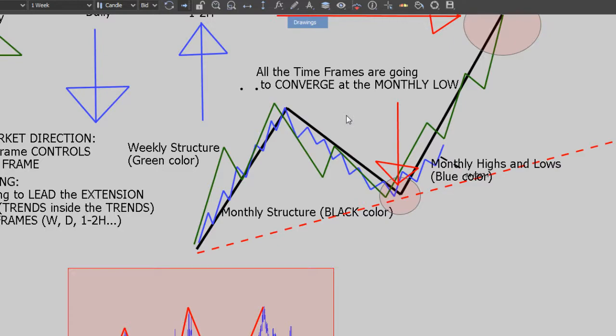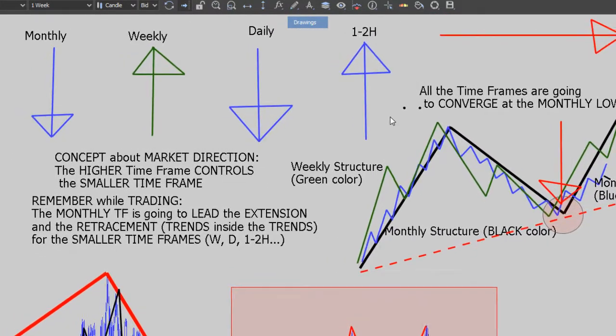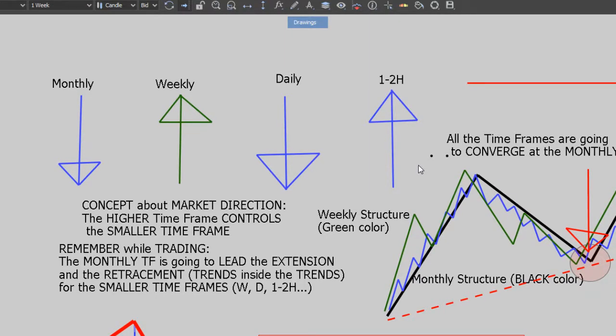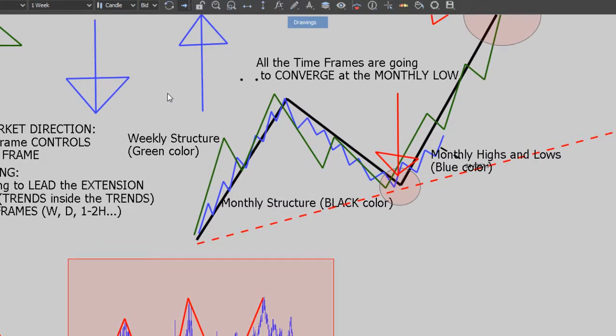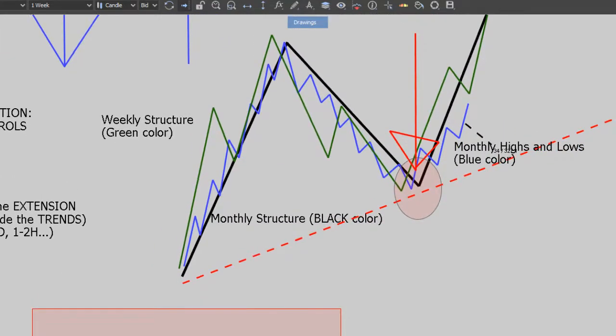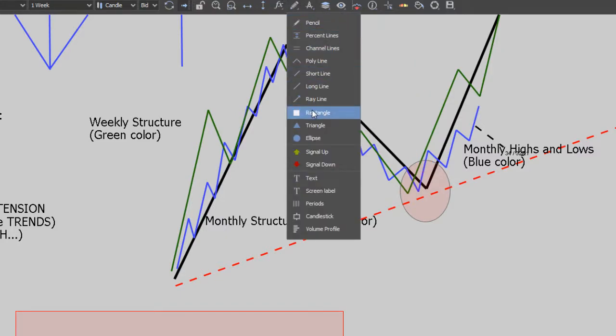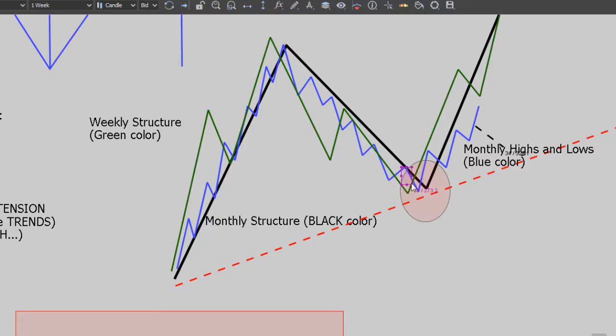All the time frames are going to converge at the monthly low, and this is extremely important for the beginner trader, because you want to understand, everybody, why you are winning and why you are losing. Example: if the higher time frame controls the smaller time frame, and you zoom in on this theory chart, you are going to see that you have a fall here on the monthly highs and lows.